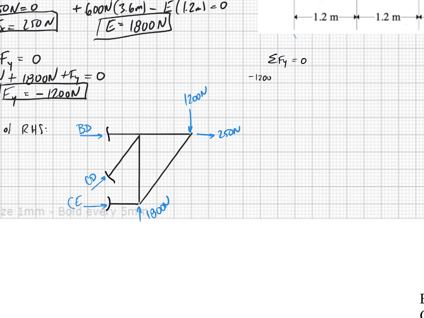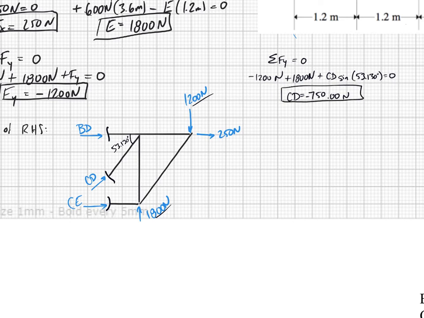I've got negative 1200, that's this one, plus 1800, and then plus CD times the sine of, I believe that angle is 53.130 degrees, equals 0. If we do the algebra, CD equals 750.00 with a negative sign. That's newtons, so that's going to be tension.